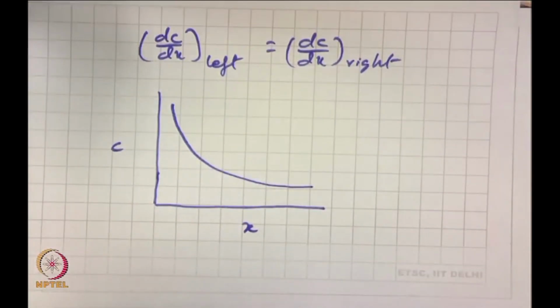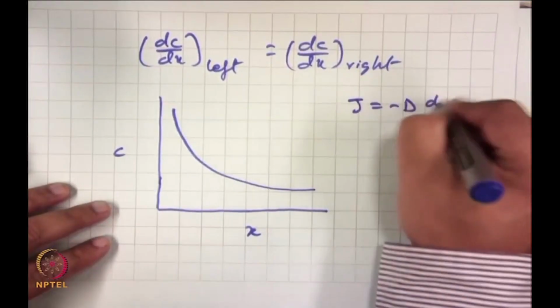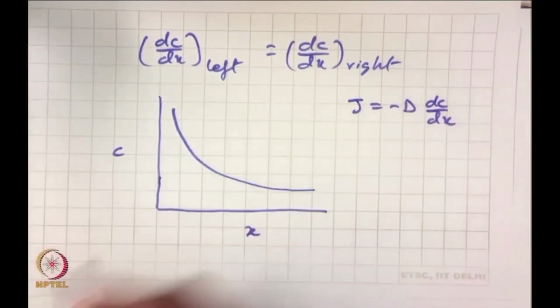Now, when I talk about a concentration gradient, I am talking about dC over dx. Then essentially I am talking about the slope of the respective curve. How do you find the slope of a curve? You draw a tangent at that definite point, right. And remember your flux J is proportional to the concentration gradient.